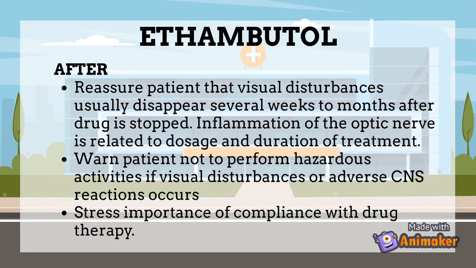After administration, the nurse must reassure the patient that visual disturbances will disappear several weeks to months after the therapy ends. Also, the nurse must warn the patient not to perform hazardous activities if visual disturbances or adverse CNS reactions occur, and emphasize the need for regular follow-up care.